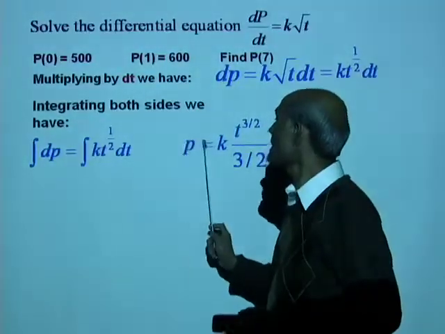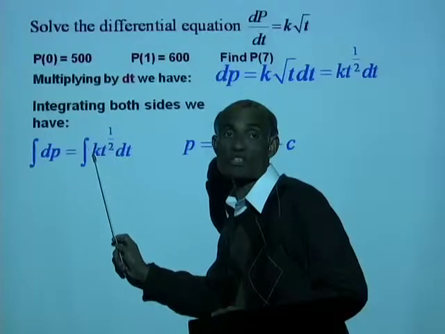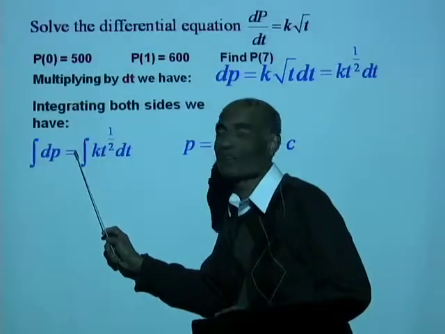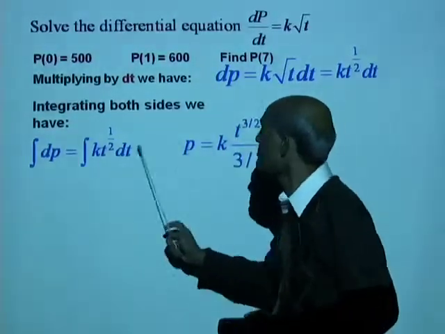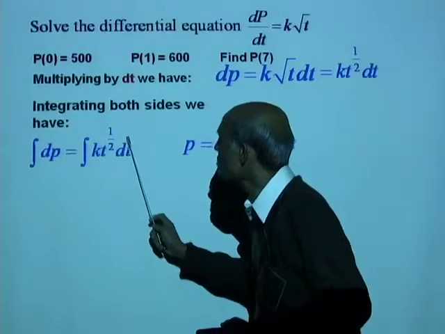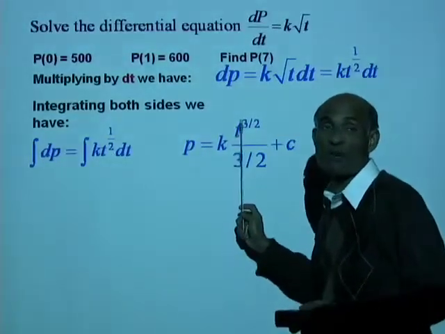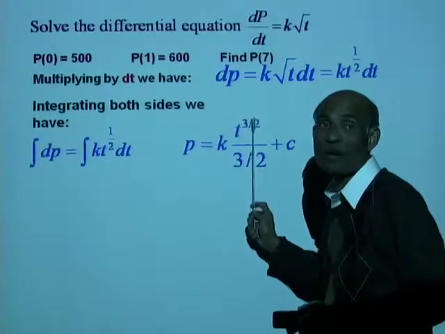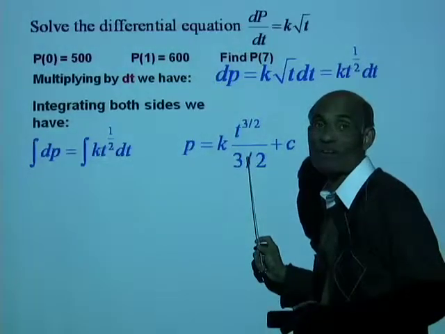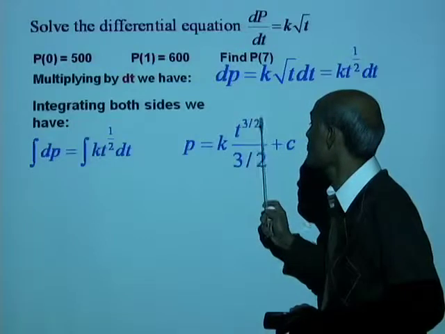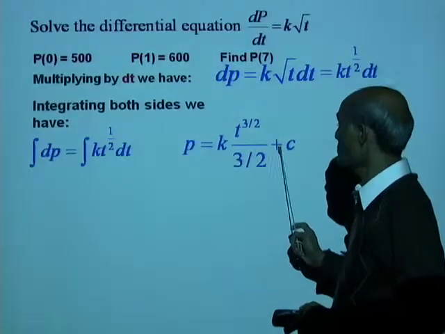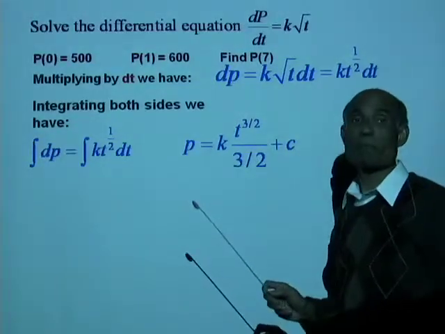So we get p equal to, k is a constant, we can bring it out of the integral. So that will be k times integral t to the power of 1/2 dt. Watch it. Is t to the power of 1/2 plus 1 over 1/2 plus 1. That is t to the power of 3 over 2 over 3 over 2 plus c.